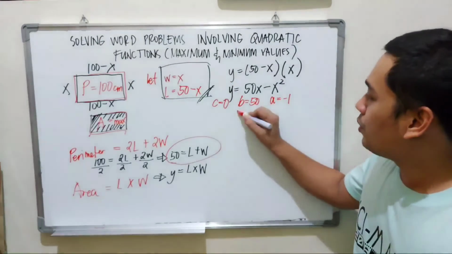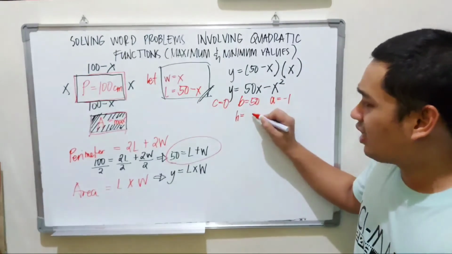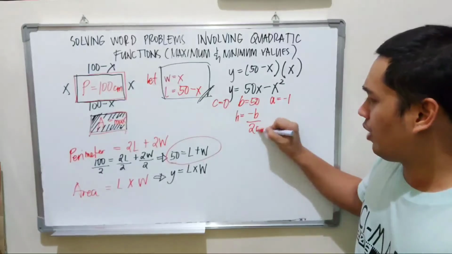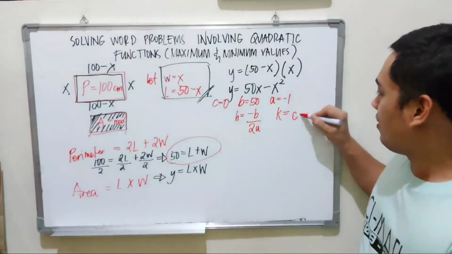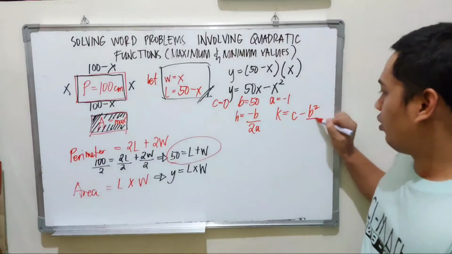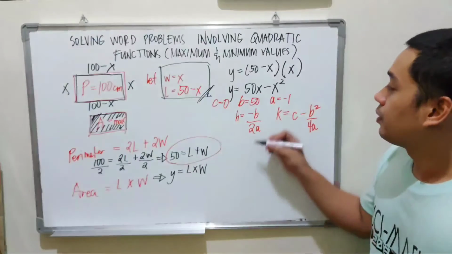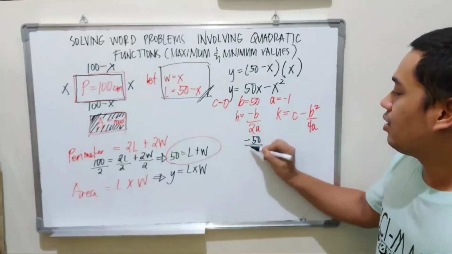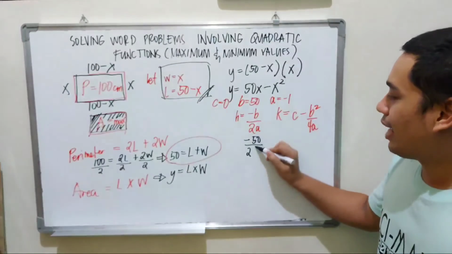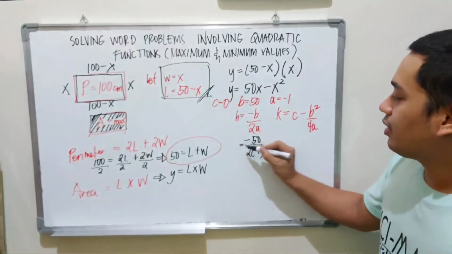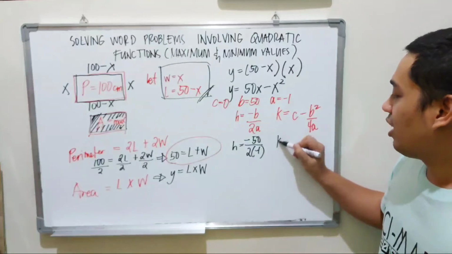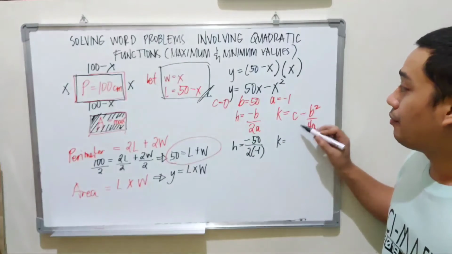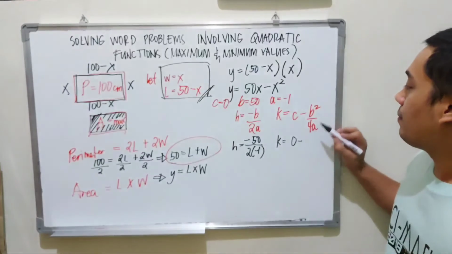We need to solve for the value of h, which is negative b over 2a, k, which is c minus b squared over 4a. Substitute natin yung values, negative 50 over 2 times negative 1 is equal to the value of h, and for our k, we have 0, di ba?